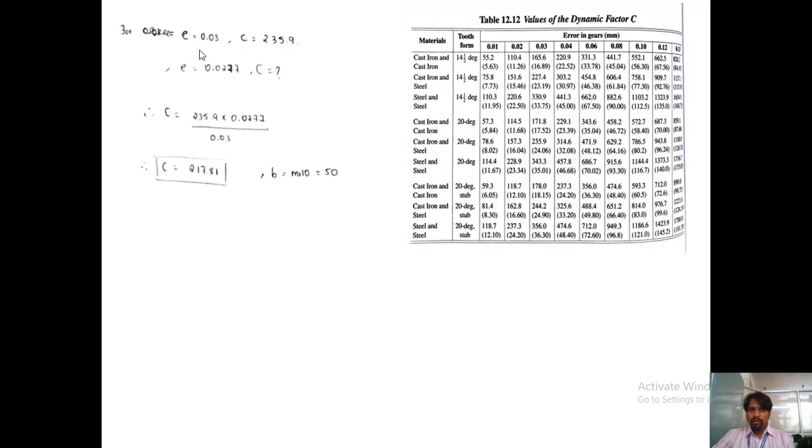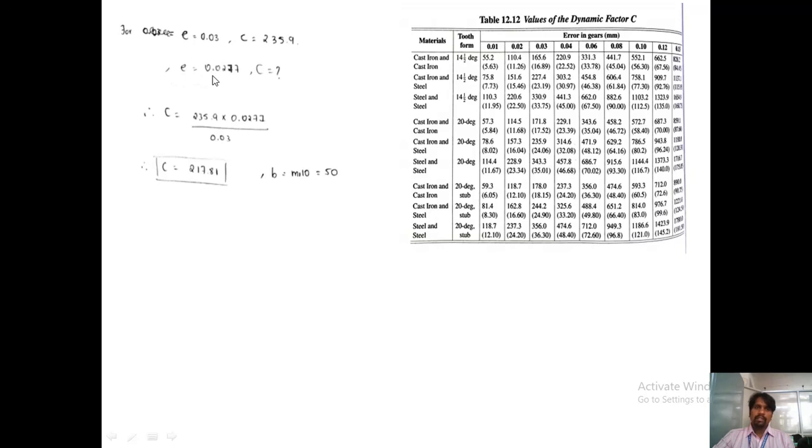For E equal to 0.03, C is equal to 235.9. I will explain once again. For material cast iron and steel 20 degree involute, and for error equal to 0.03, the dynamic load factor is 235.9 Newton per mm.